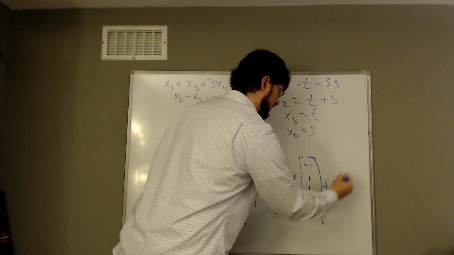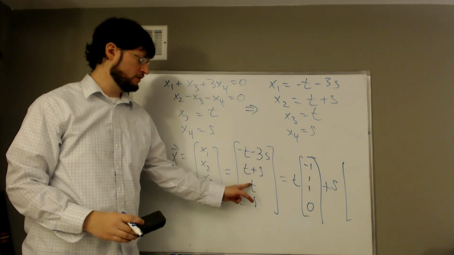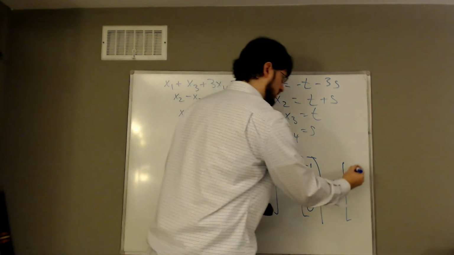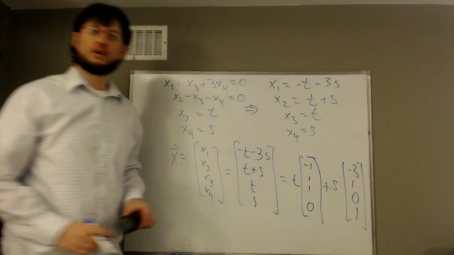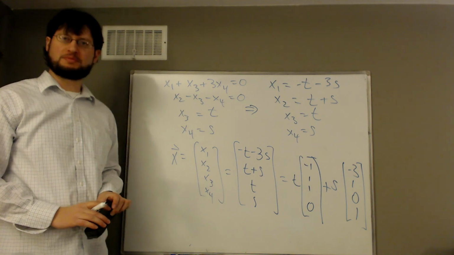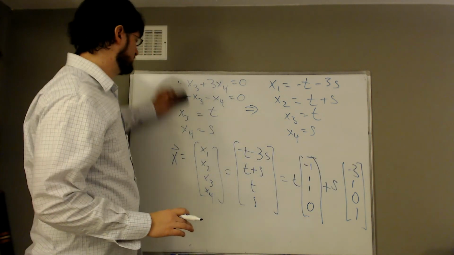And then we take a vector for the parameter s, which is negative 3, 1, 0, 1. Which means that a basis for the null space is the vectors that we get in the end.